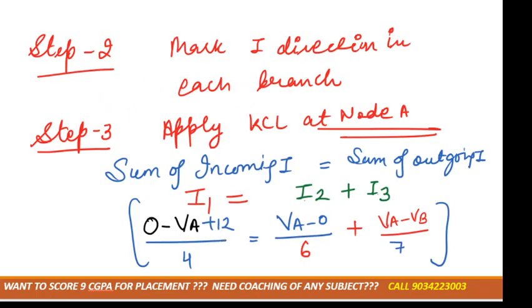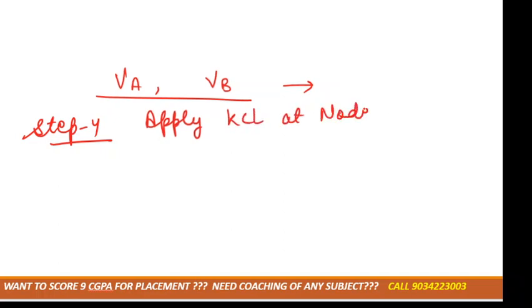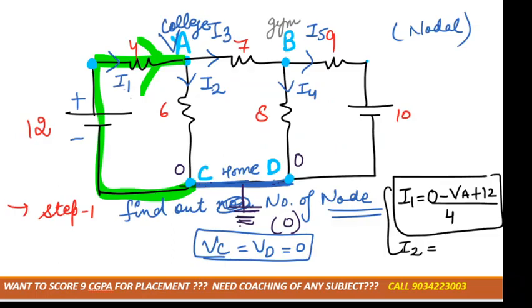Okay. Now similarly, in step number 4, we have to apply KCL at node B. Now tell me how much is the incoming current at node B, meaning which current is entering into the gym.